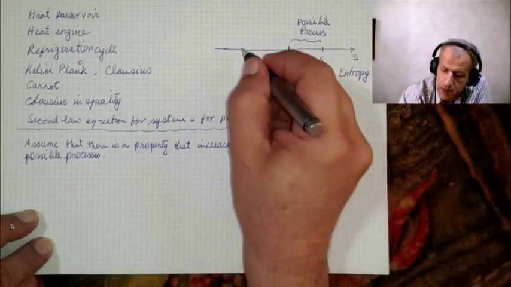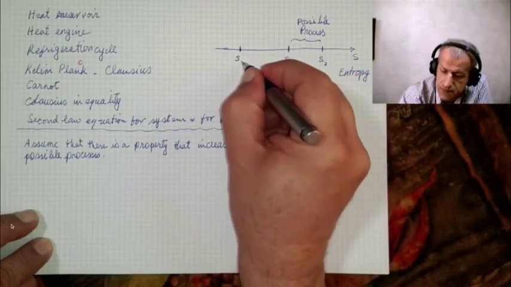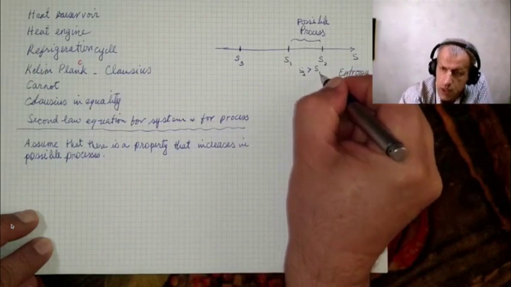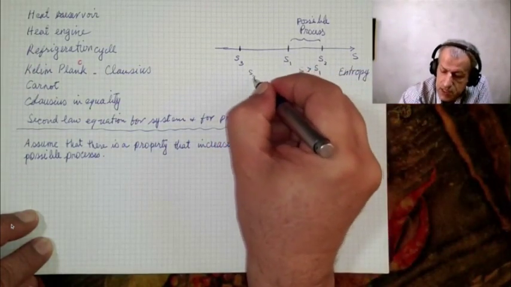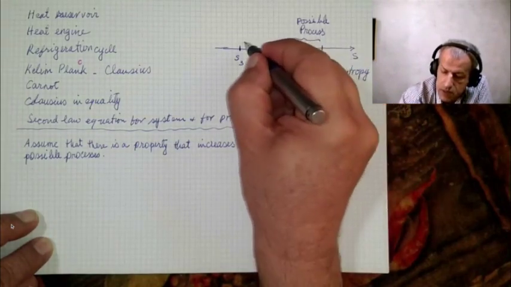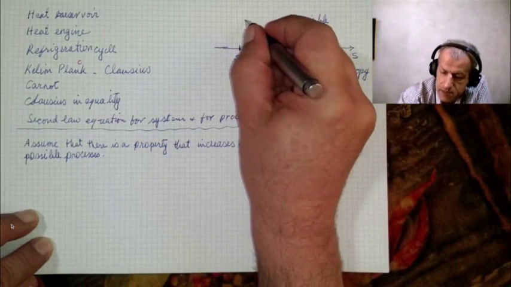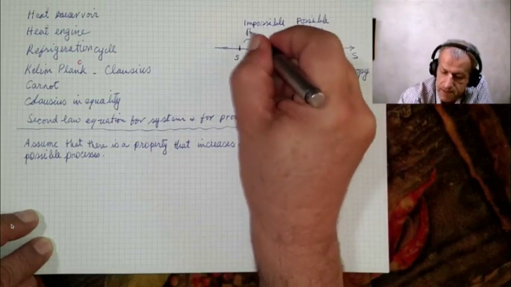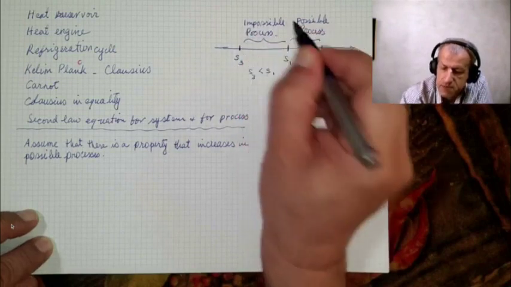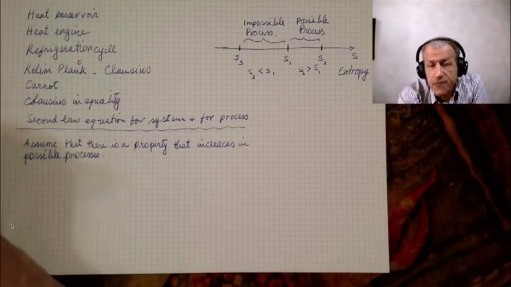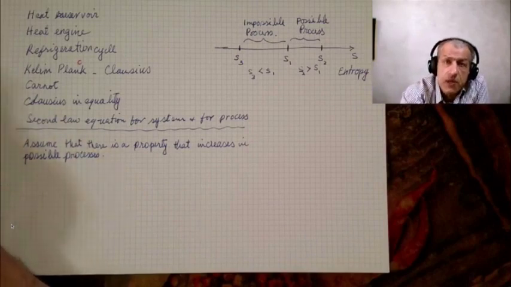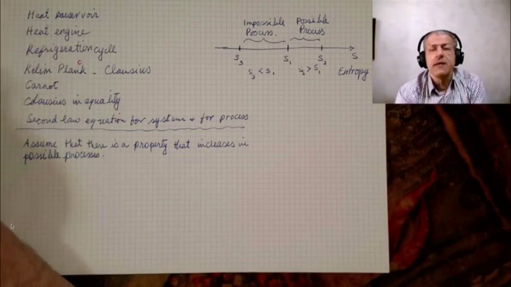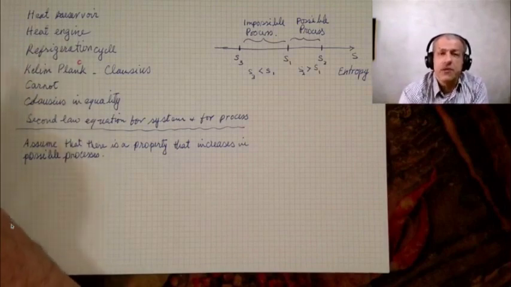So S2 was larger than S1, and here S3 is smaller than S1. So this would entail an impossible process. An impossible process is a process where the entropy decreases. And a possible process is a process where entropy increases.